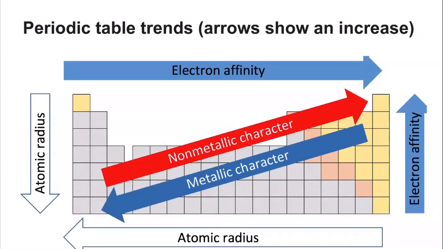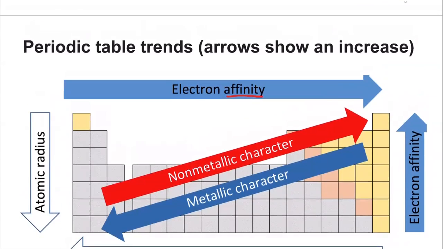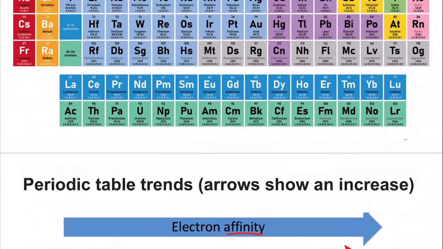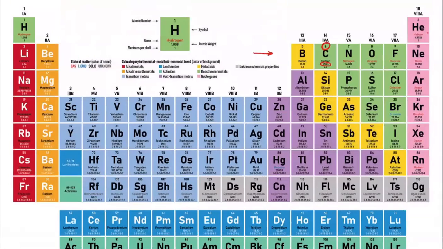So the higher the electron affinity, the more it prefers to take electrons from other elements, right? This is quite easy to understand because if we talk about oxygen or fluorine, they can really take a lot of electrons from other elements, right?